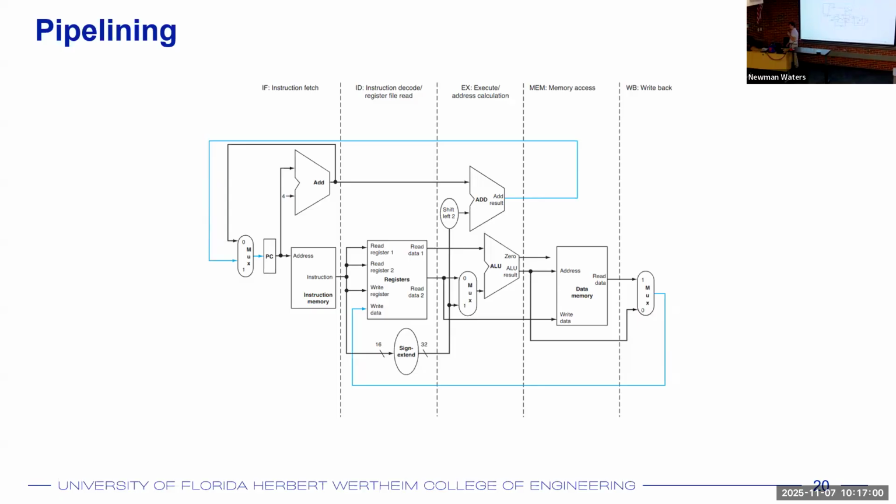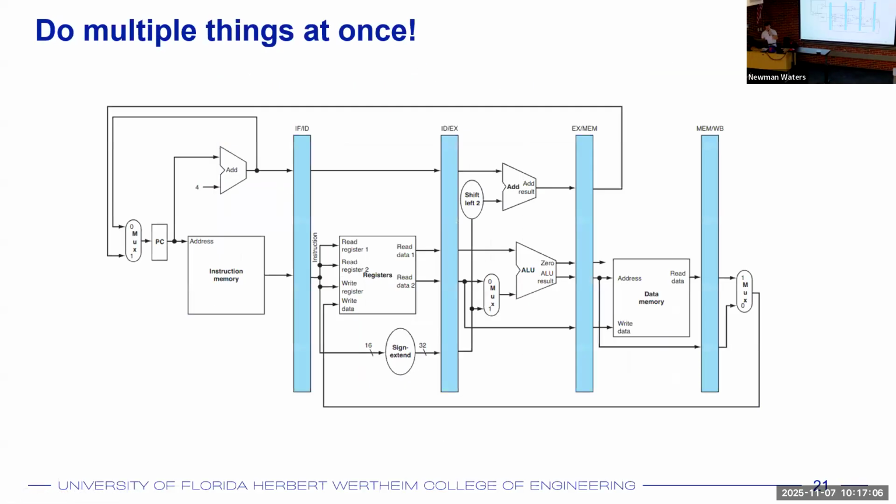So if I pull up the next slide, it should show a picture. No, that's the wrong one. Yeah. So let's add a register in between there. Now we can really use all of the pieces of hardware we have. For this first instruction, the instruction will be fetched. Great.